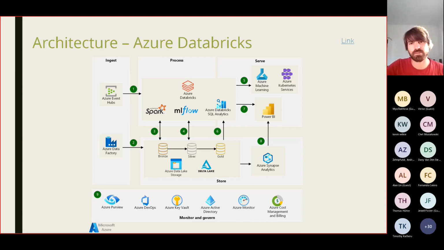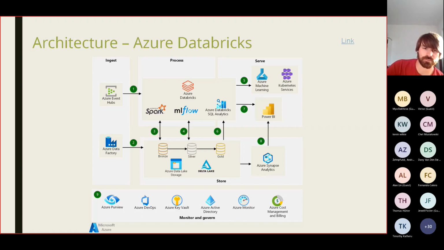As I said, that's, let's say, the Databricks standard. But also here you see Azure Synapse Analytics on the right side for specific reporting use cases where you require a proper and high-performing SQL interface. And then again, Azure Machine Learning on top and Power BI for reporting. So these services are set in the serving layer actually.